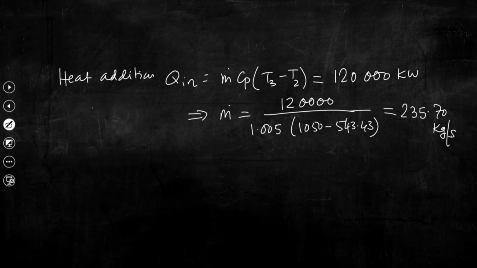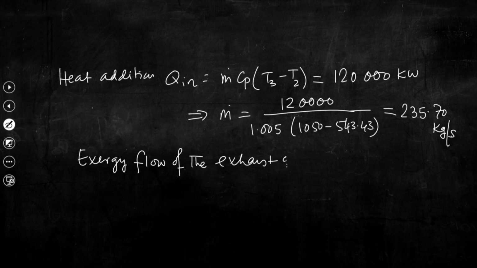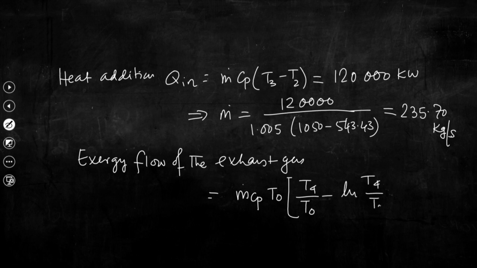The final part of this problem is the exergy flow of the exhaust gas, that is m dot Cp T naught into (T4 by T naught minus ln T4 by T naught).